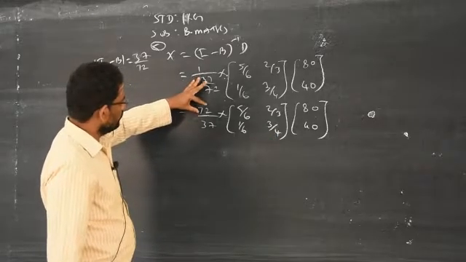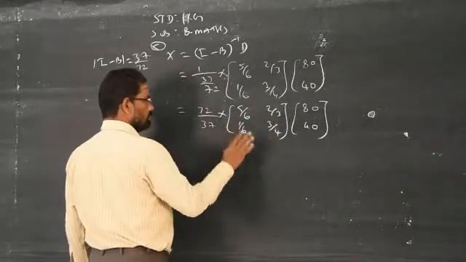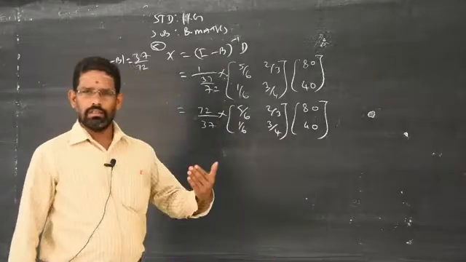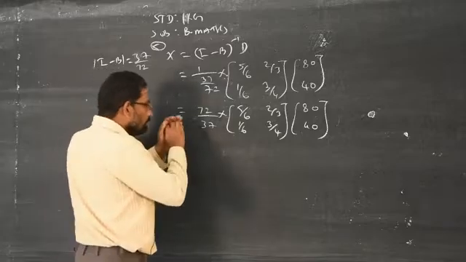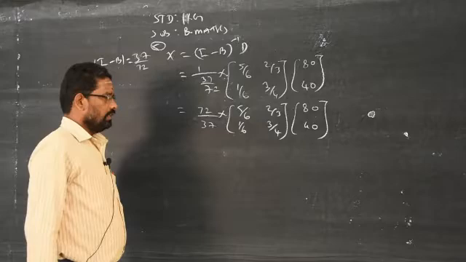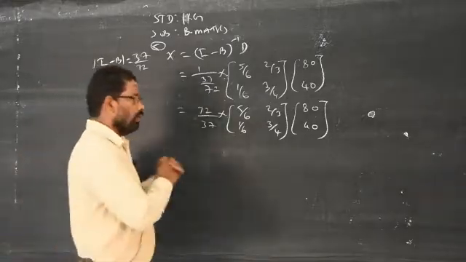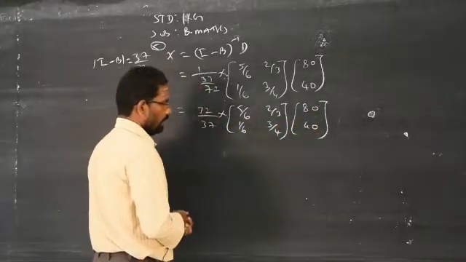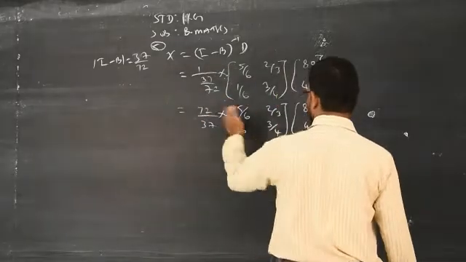If it is possible, you take 72 inside and multiply all the elements, so that the denominators get cancelled. For our convenience, you take 72 inside the matrix. If it is not possible, then there is no way but normal multiplication of these two. I will tell you the normal multiplication of these two matrices, then I will take 72.